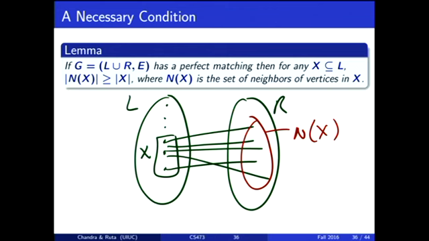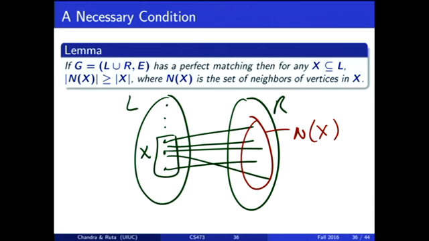It's the same question. If the graph has no perfect matching, can you show a set X which fails this test? Or equivalently, if no set fails this test, is it true that the graph has a perfect matching? They are the same question.